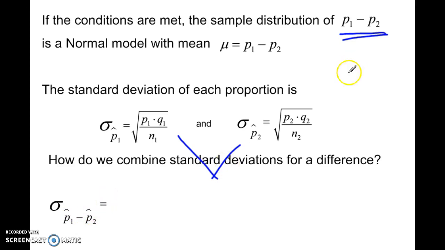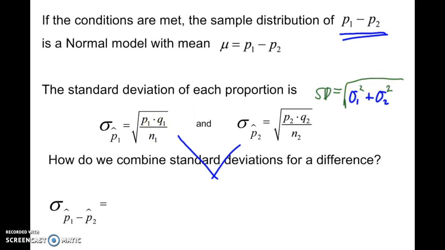When we add standard deviations, remember what we have to do? We have to take the standard deviations and convert them to variances by squaring them. So we square each one, and then we add them and take the square root of the total. That's how we get our standard deviation. We've done this in the past. So we take each standard deviation, square it.